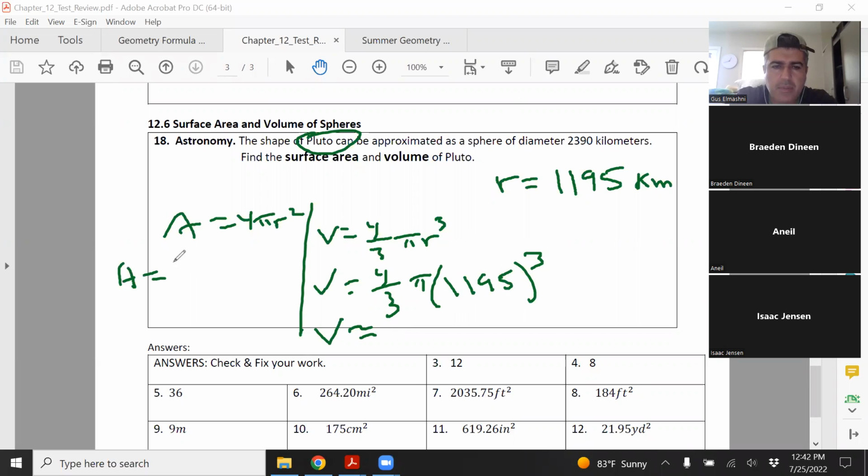And the area is easy. That's just going to be 4 pi. You got to work that out too. So let's see here. Really big number, 17,945,091.4.